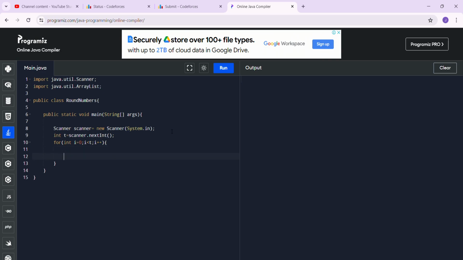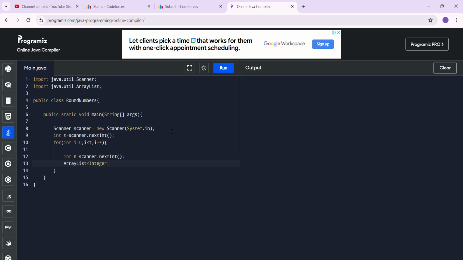Now we will take the integer n. Now we will initiate our array list where we will be storing our round numbers.